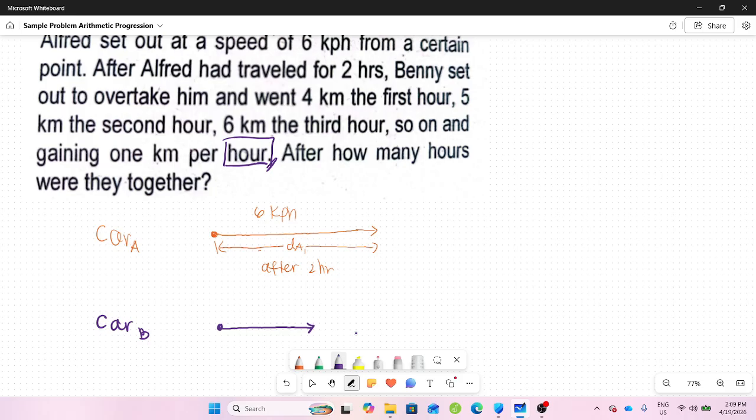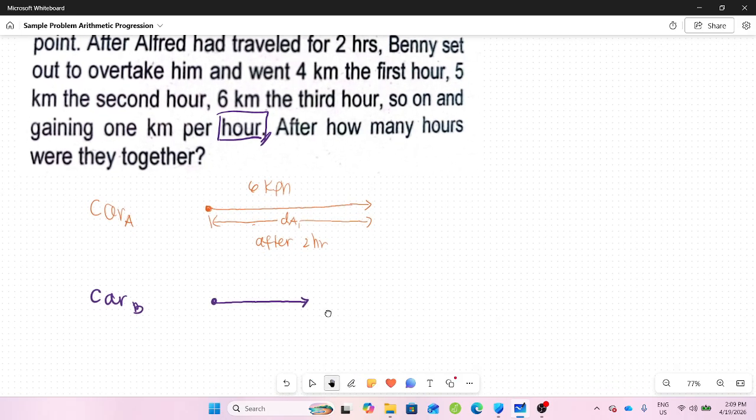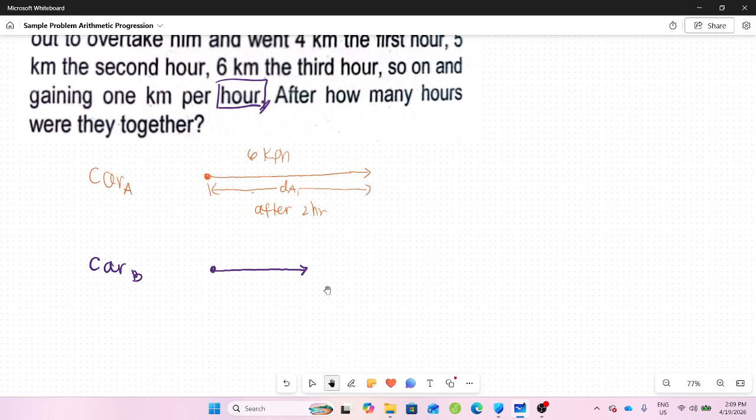Let's say that during the first hour, its speed is actually 4 kilometers per hour. With that, there will be a corresponding distance traveled by car B. Let's say this is distance B1.